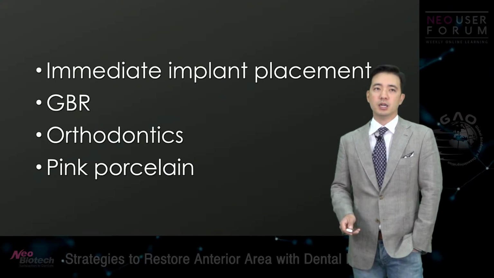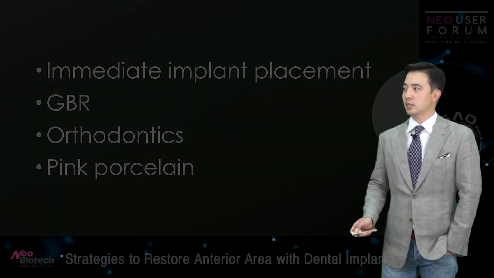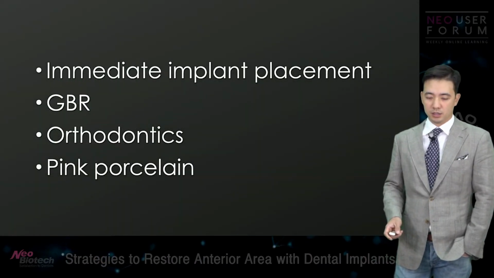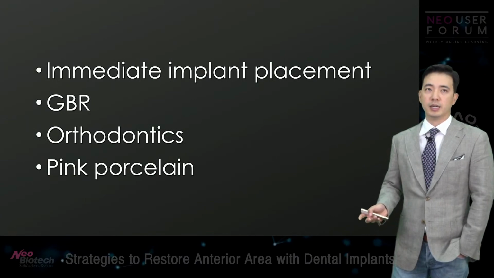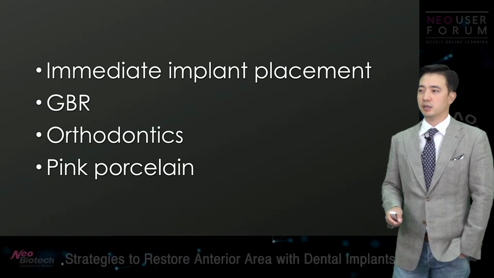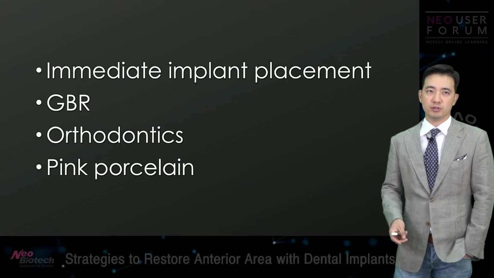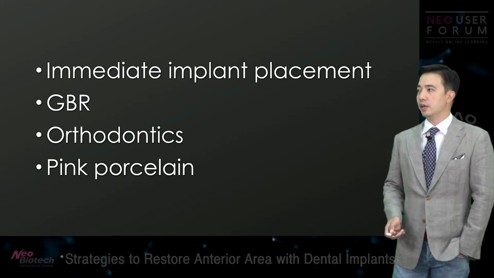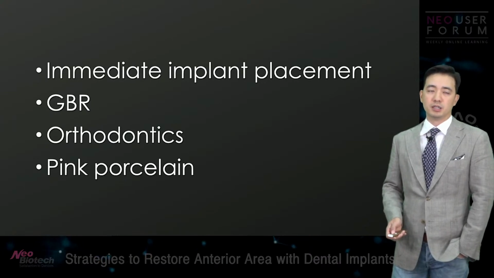So GBR is, I think, a key factor when placing implants in the anterior area, because most of the time your patient lacks bone at that site. Another option you can think of is orthodontics.